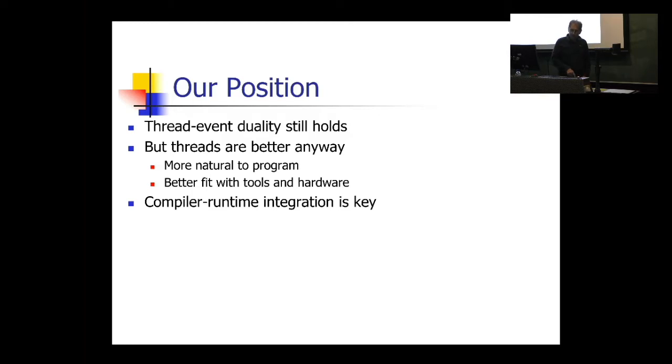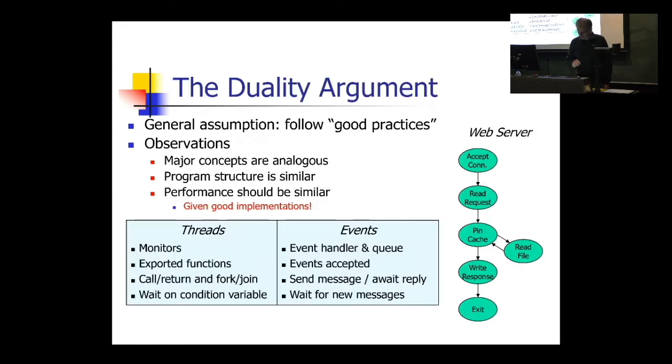That means using the similar tricks that the event people were using in the context of a thread system, given that they should be equally applicable, because the thread-event duality should still hold. So let's have a look at the duality argument.